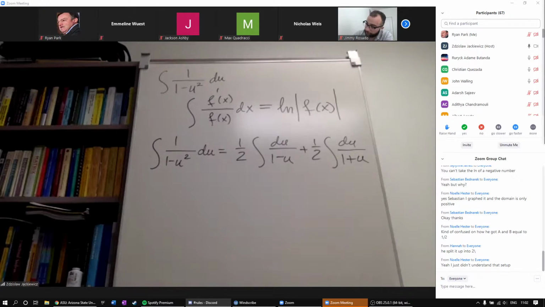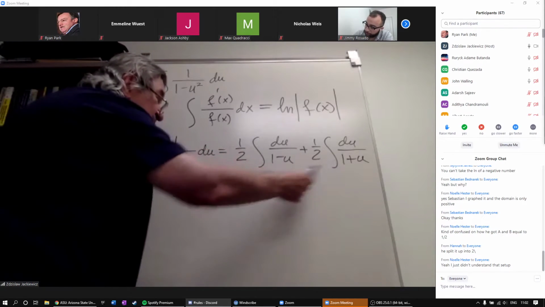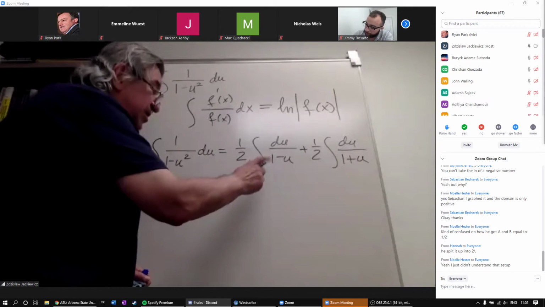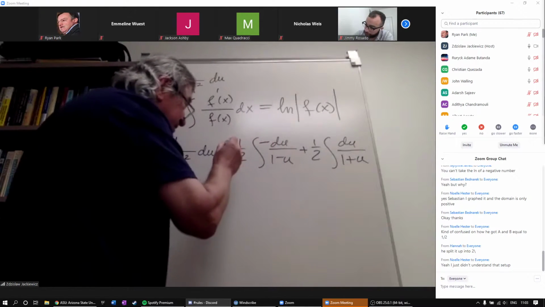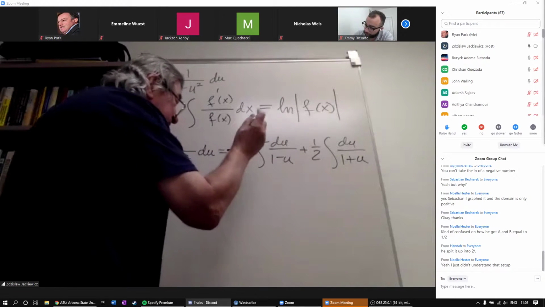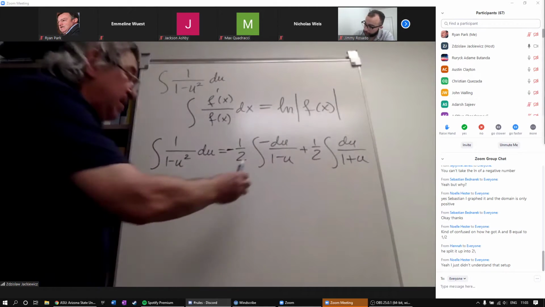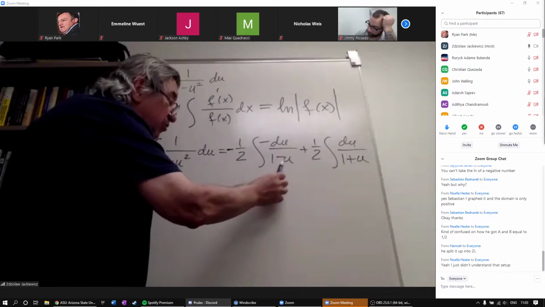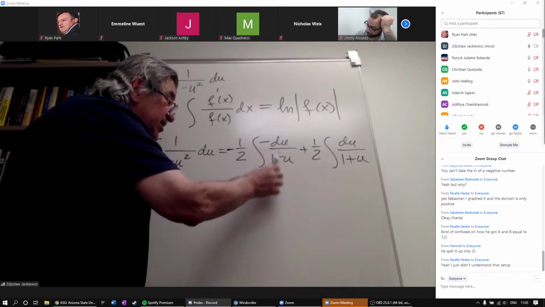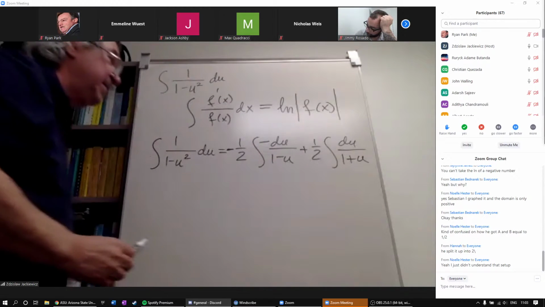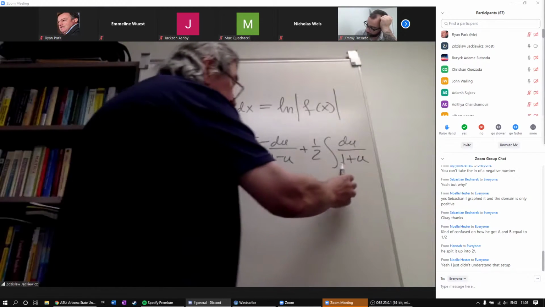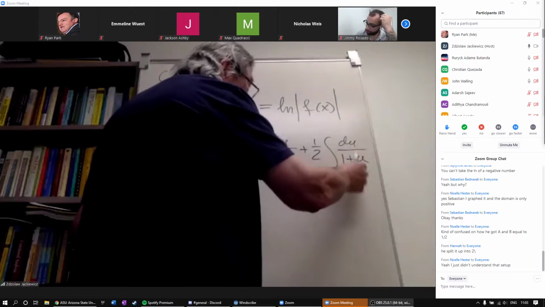So now look, we can use this formula to integrate those two pieces, because what is the derivative of 1 minus u? It's minus 1. So let me put here minus and minus. Minus, minus is plus, nothing changed. But I put the minus because the derivative of 1 minus u is minus 1. And here, the derivative of 1 plus u is 1, so there's nothing to do.